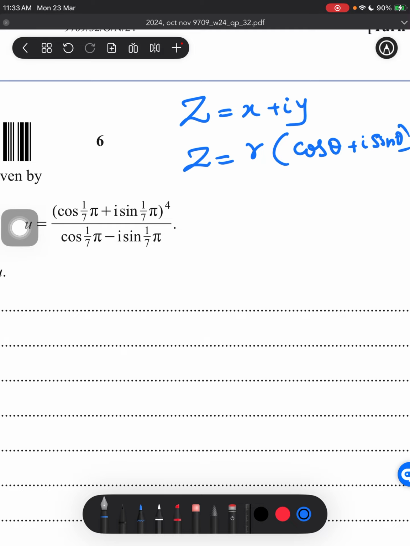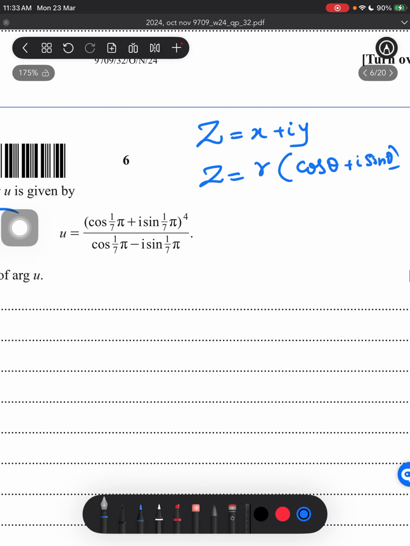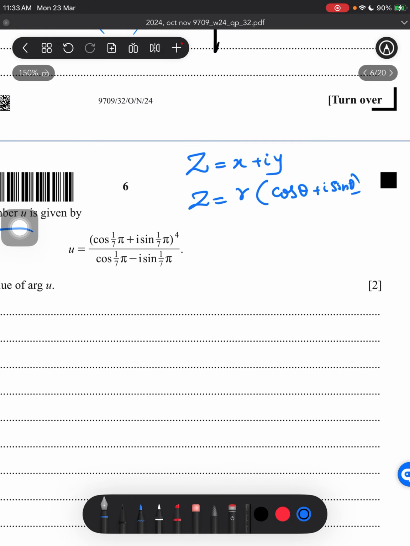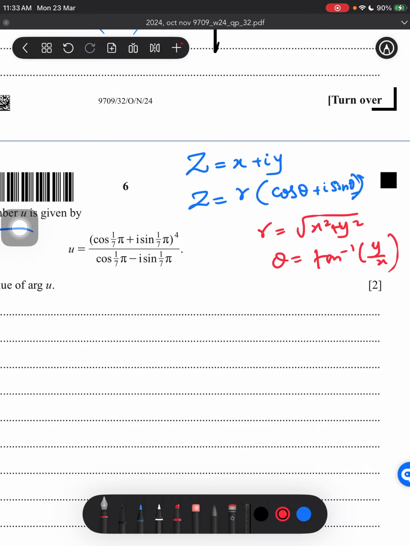In this particular case, the numerator is in this other form. How do we get this r? If you have the coordinates x and y, r can be easily calculated, and theta can be calculated as tan inverse of y over x.